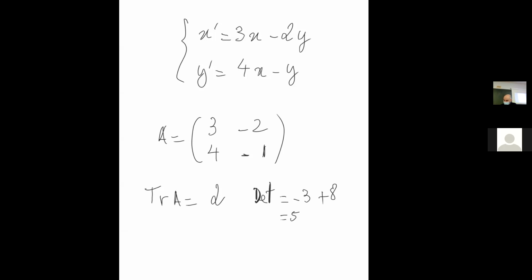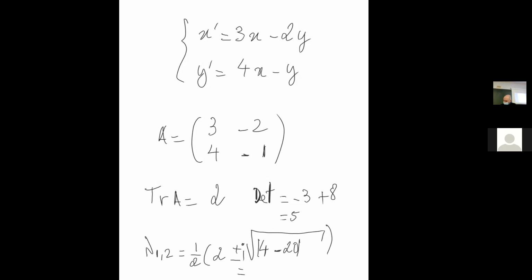So my eigenvalues are given by 1/2 of the trace plus or minus the square root of the trace to the square, which makes 4, minus 20. And so this is negative, so I will take the absolute value and I will add i.